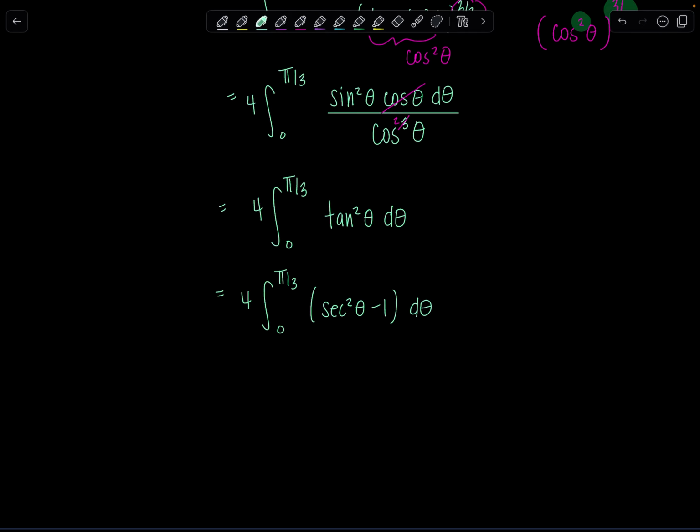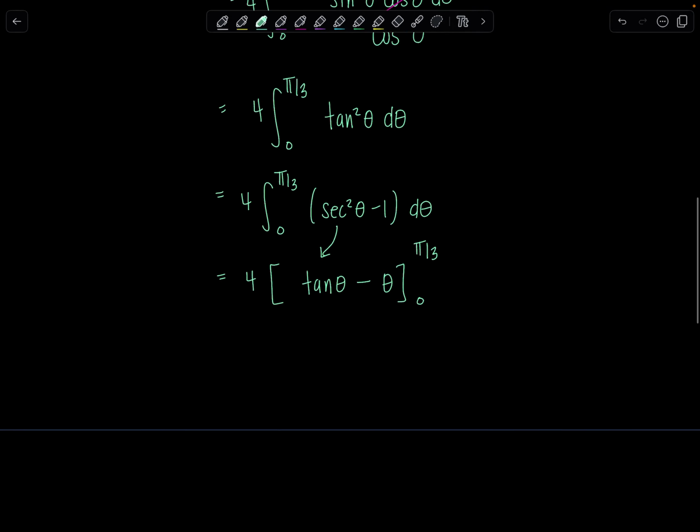And I do know the antiderivative of secant squared, and I certainly know the antiderivative of 1. So we're going to be left with tangent theta minus, very good, just theta from 0 to pi over 3. And then now let's go ahead, evaluate everything.